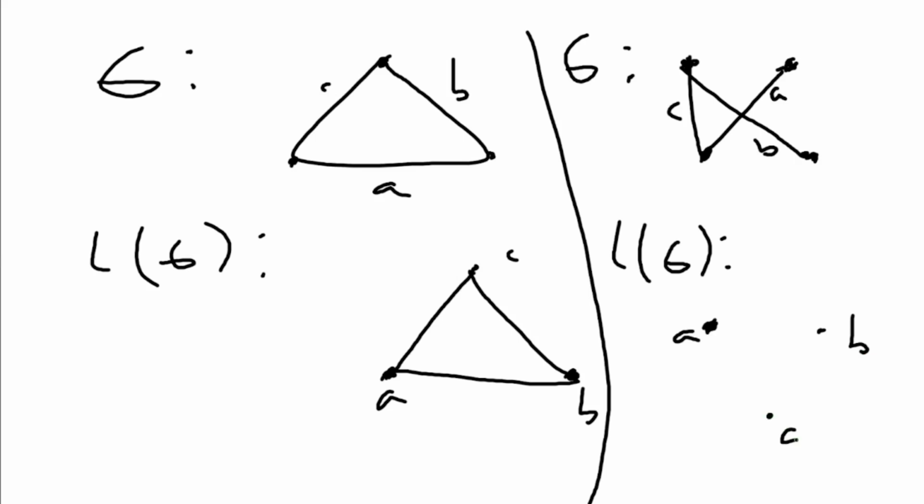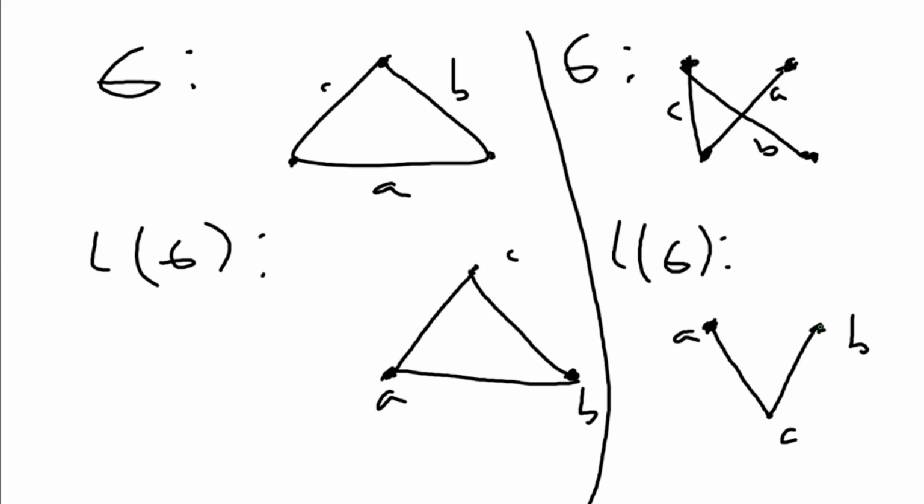And now let's look at each vertex. In the original graph, we're going to look at the edge with that name and see which edges it has a common vertex with. And those will be, then in L of G we'll have an edge to those representing letters. So the edge C in G has a common vertex with B and A. So we should connect it to B and A. And then let's look at the other one.